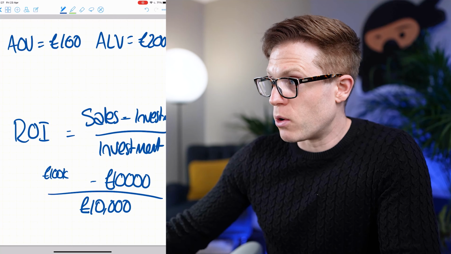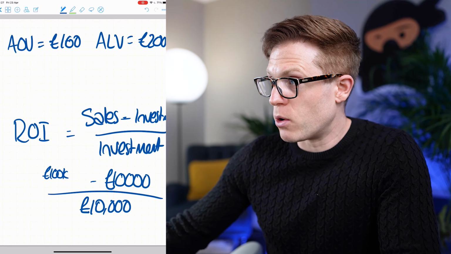And we're just looking here at the non-branded stuff. So I'm not looking at the branded stuff. We're just looking at the non-branded stuff at the top here. Now this gives us a ROAS of 9.25x, not percent, Tim, X. That means we put £1 in the Google Ads machine and we get £9.25 back.